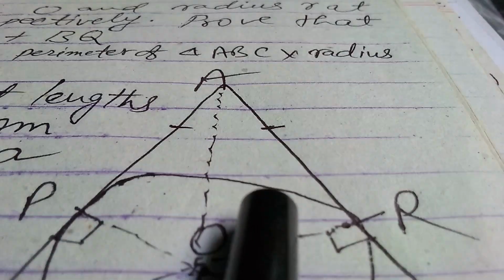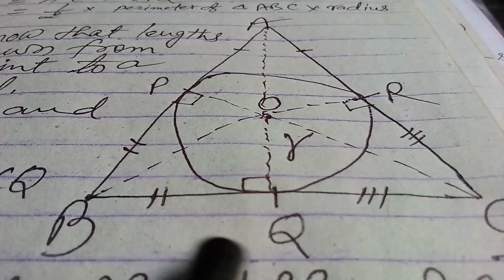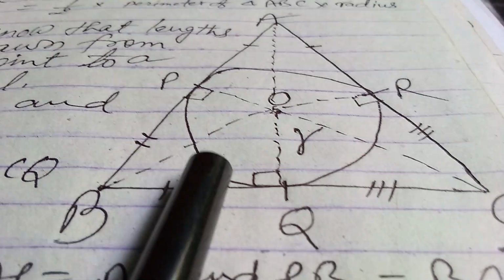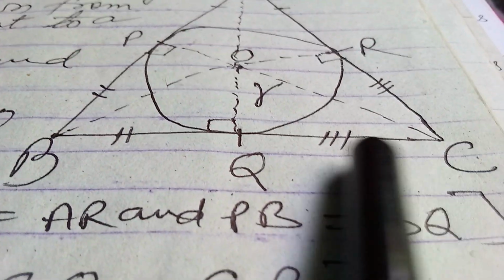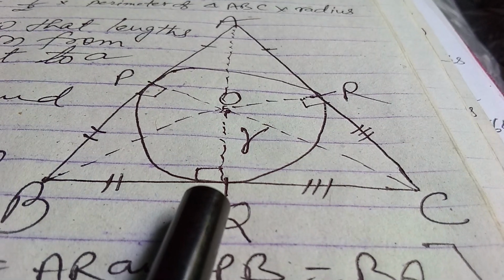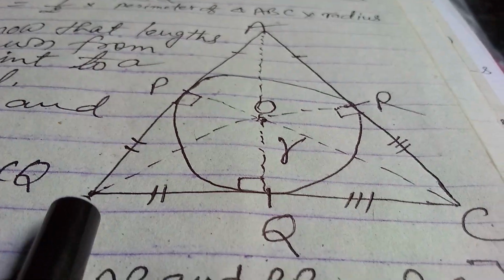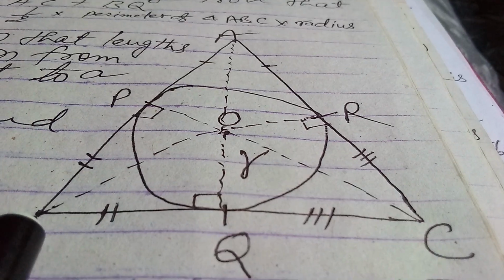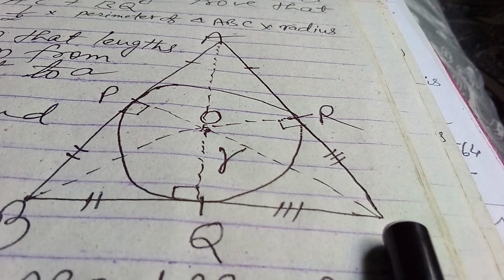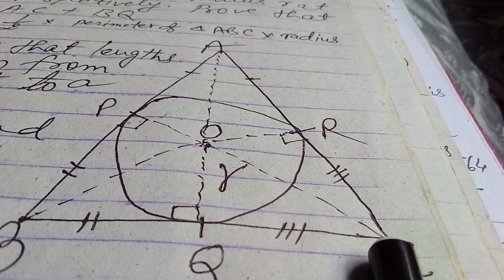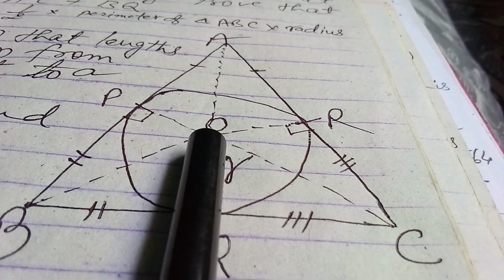Okay, this is the diagram. ABC, the triangle here. BC is the tangent which is touching the circle at Q. Then AB is another tangent which is touching the circle at P, and AC is the third tangent which is touching the circle at R, and O is the center.